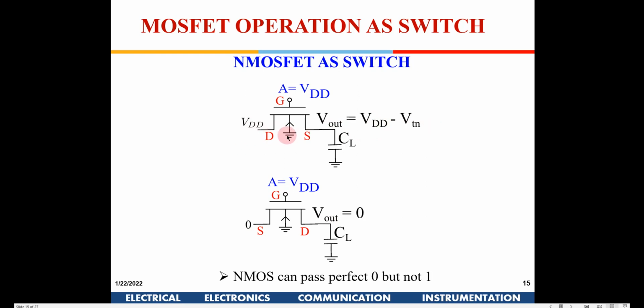The reason is, suppose I am applying VD here. The current is going to flow from the drain terminal to the source terminal, that is the positive flow of charge. Electrons are going to flow from the source to the drain.